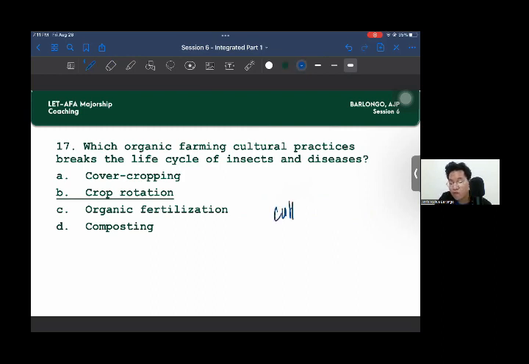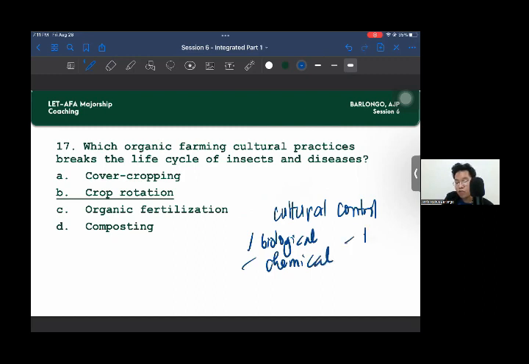So actually, we have a lot of control methods. Not only cultural, we also have biological, chemical, gagamit ka ng mga pesticides. Of course, we also have HPR or host plant resistance. So ito yung paggamit ng mga resistant na varieties.